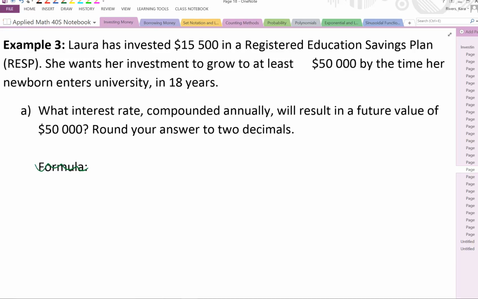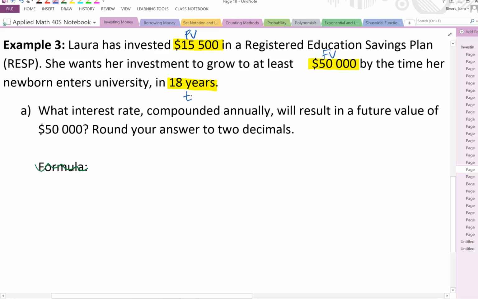All right, so again, let's highlight the key information. Okay, so 15,500 in a registered education plan, so that would be our PV. $50,000 is what she wants as her future value. 18 years, that's our T, right?